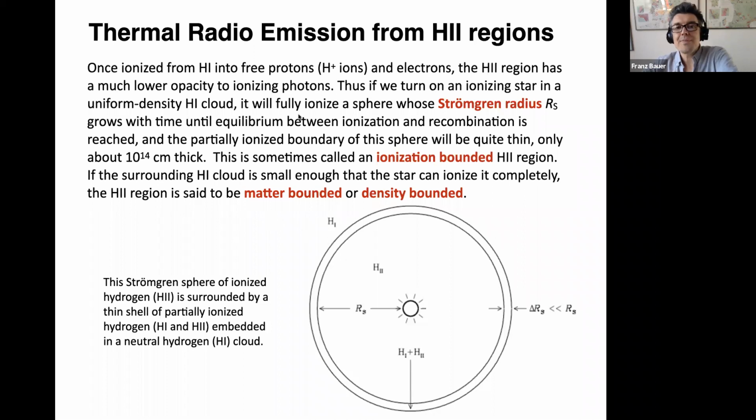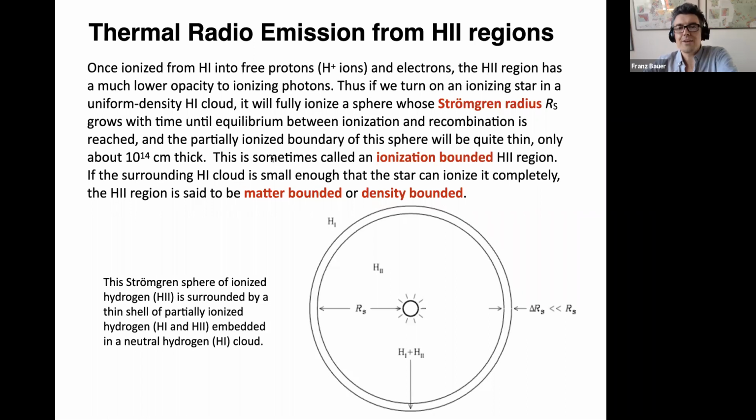And so in this sort of situation, you'll have a partially ionized region, then a fully bound region. As I mentioned, this sphere is only of order 10 to the 14 centimeters thick. And this situation would be called an ionization bounded H2 region because it's bounded on all sides by this material.